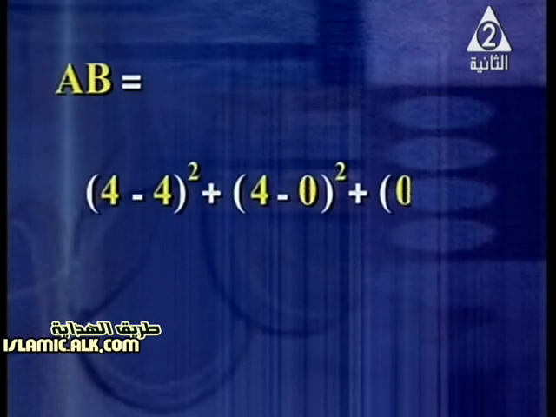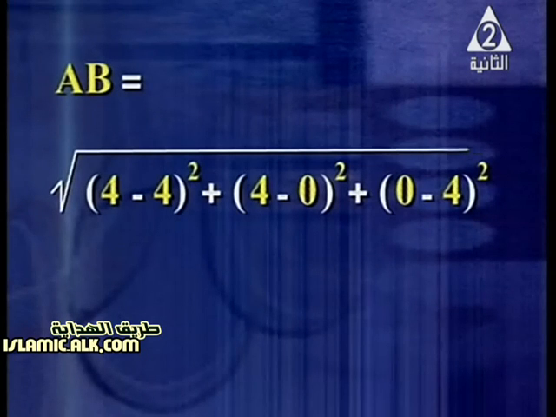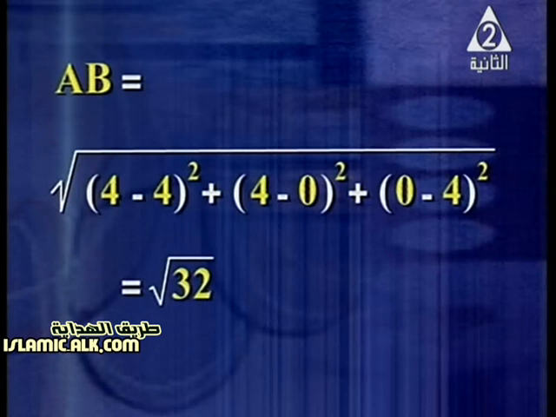Dear student, look at when we find AB by using the distance between 2 points: (4 minus 4) to the power 2 plus (4 minus 0) to the power 2 plus (0 minus 4) to the power 2. Answer is square root 32. This is the length of AB.